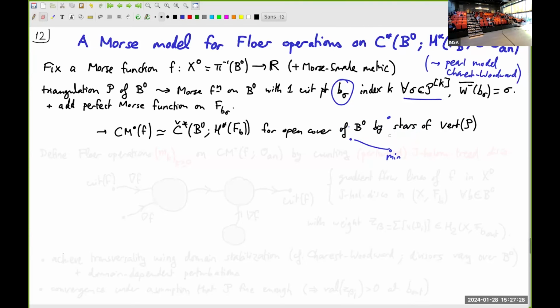So what that buys you is you can arrange that the Morse complex of this function f looks basically like the Čech complex of the base with coefficients in the cohomology of the fiber for the open cover of the base by the stars of the vertices. Again, I have not checked what happens in the A infinity operations on Morse theory, but at least the differential looks like that.